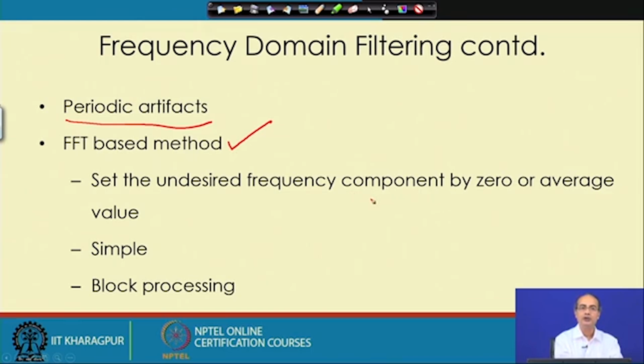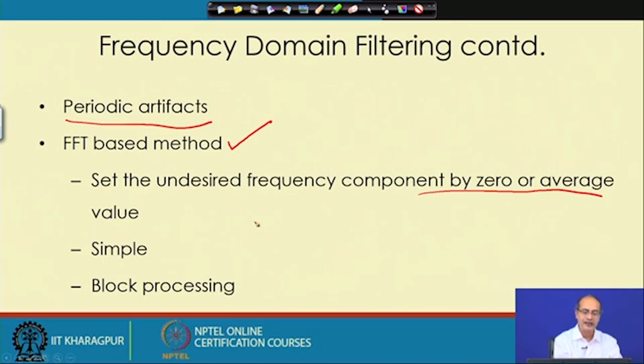Or, if we feel that setting them to 0 will change the spectrum too much, we take the nearby values and replace them by the average of the neighboring frequency components, and that is how the elimination of the noise takes place. Then we do the inverse transform and we get back the time domain signal.